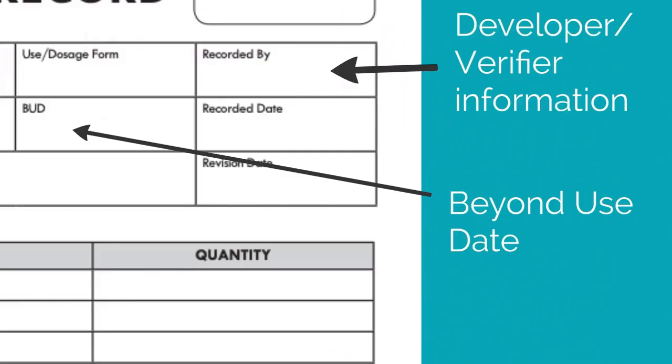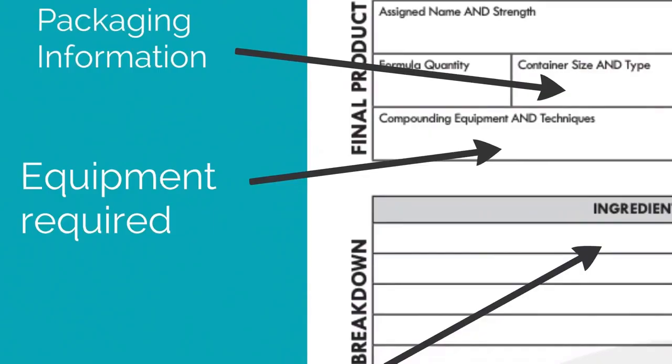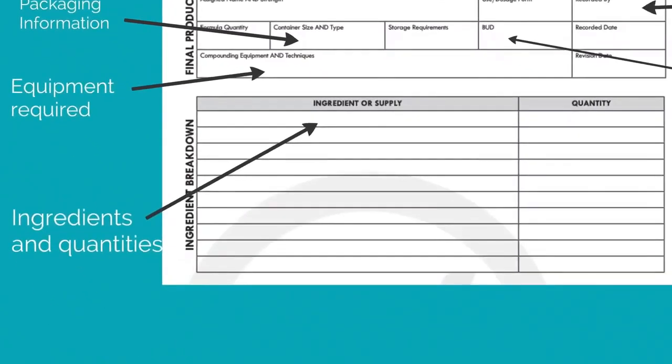And then we see a place for our beyond use date, the packaging information, the equipment that we use to make the compound is listed here, and then the ingredients and quantity.